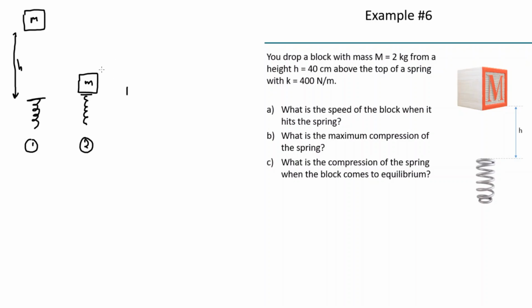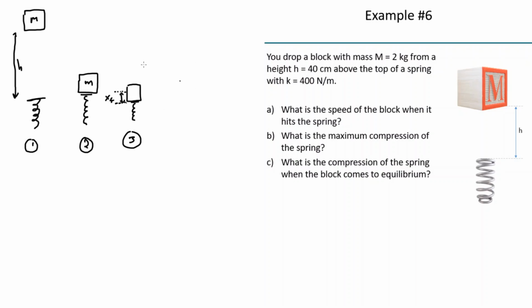Then the block compresses the spring down to some final compression below its starting point. Let's call this compression here x final. This will be position 3.